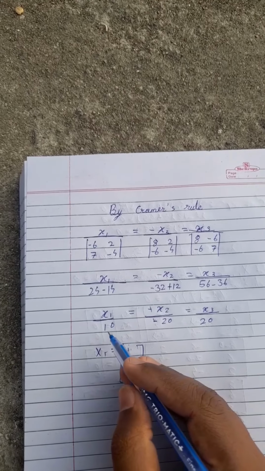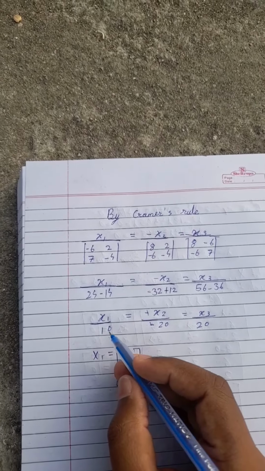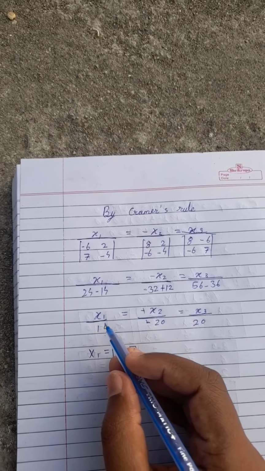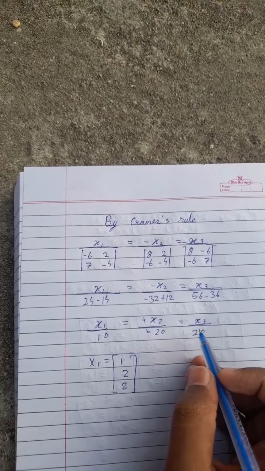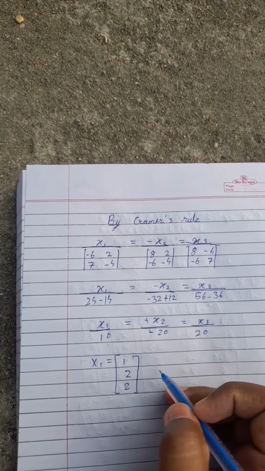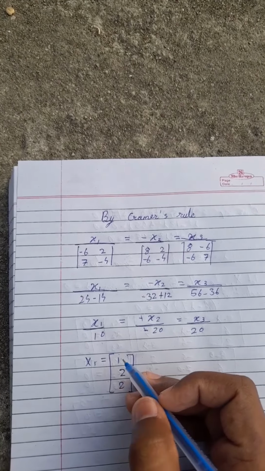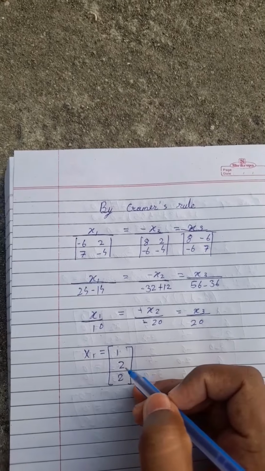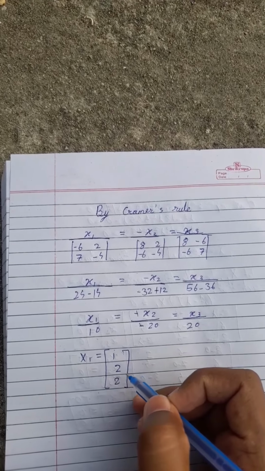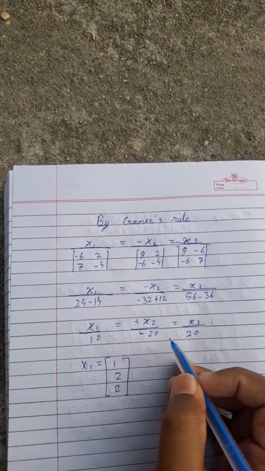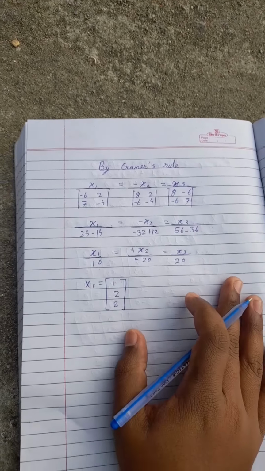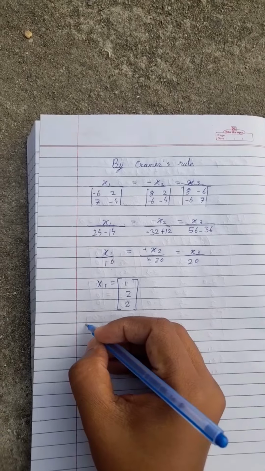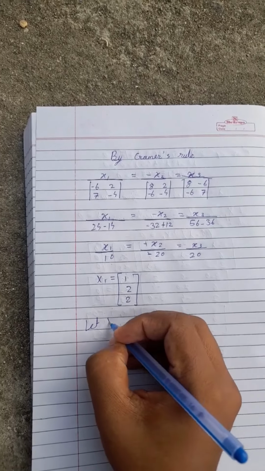Here we have just got the values of x1 as 10, x2 as 20 and x3 as 20, and we have simplified it in the form of 1, 2 and 2, that is we have just divided. Same process we have to do with the x2 vector.